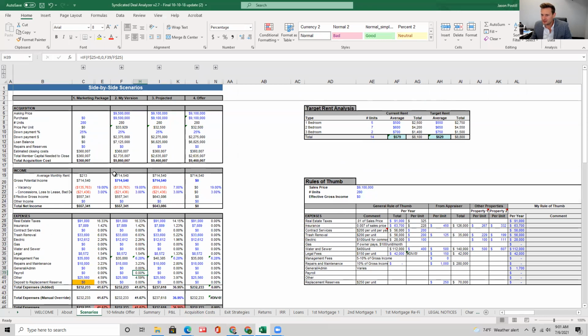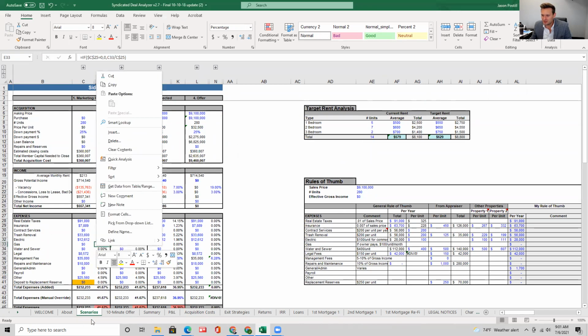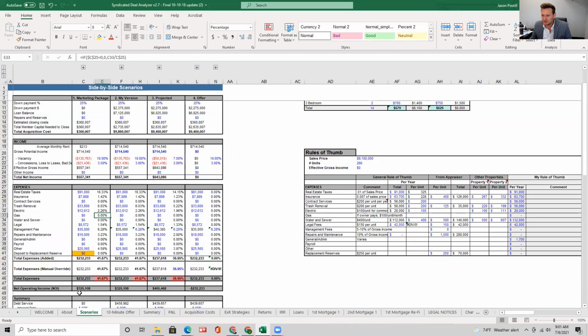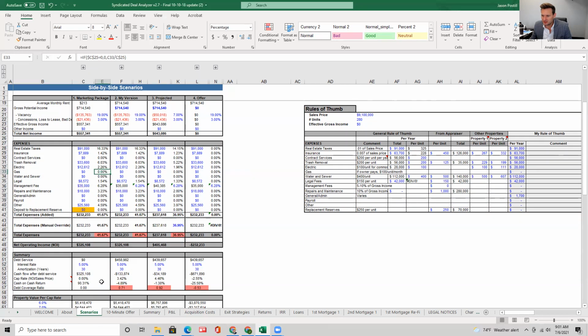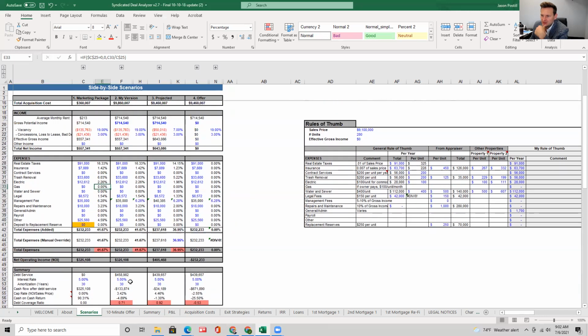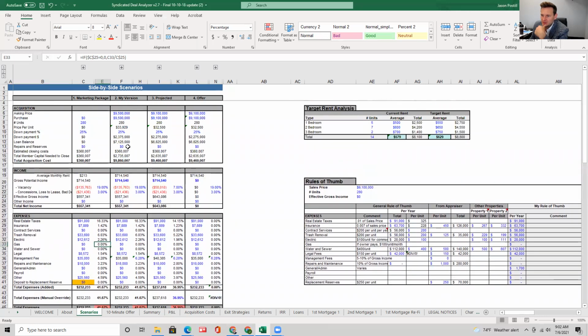So let's see what debt we had on here. Right now, where's this loan? Down here we got 5%, 30-year, 5%. And that is with a 25% down payment on 9.5.